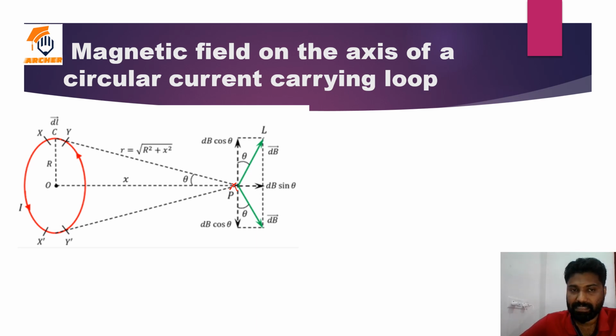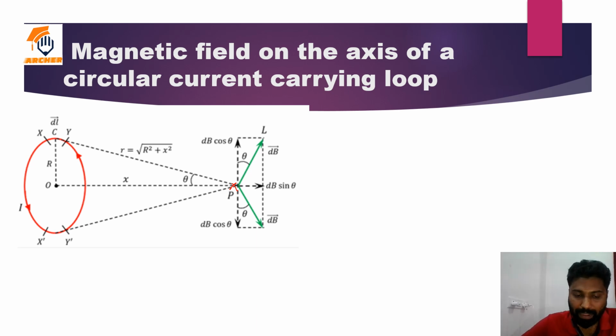XY is the elemental section, having magnitude dl. Here r is the position vector of the point P relative to the element dl.